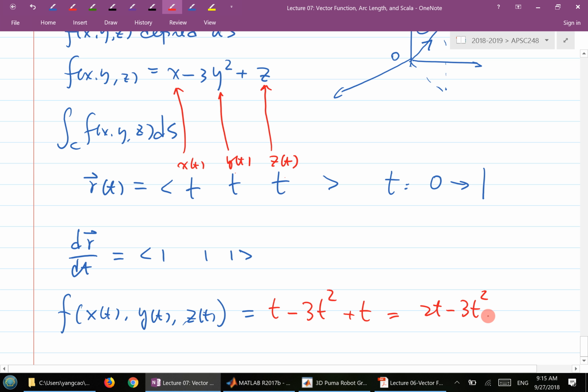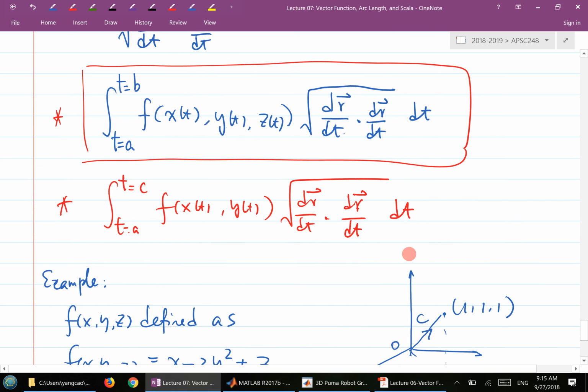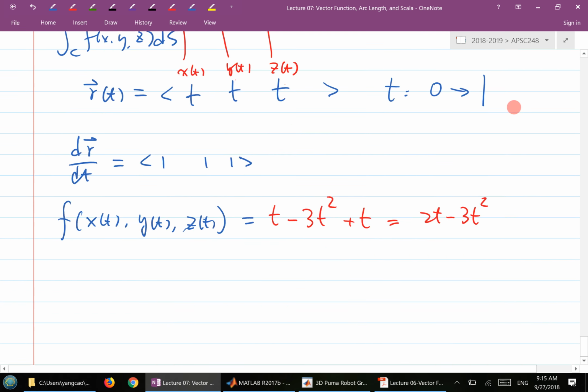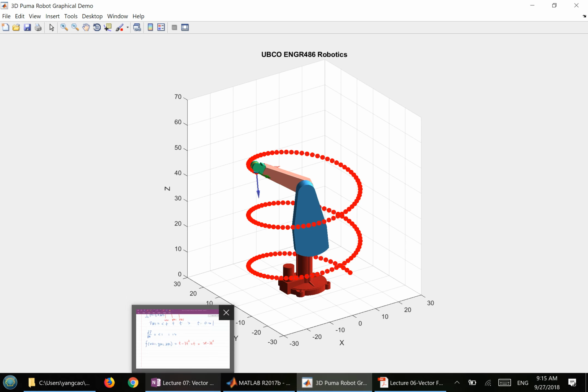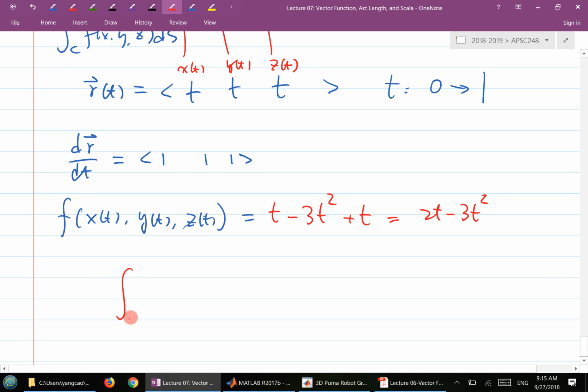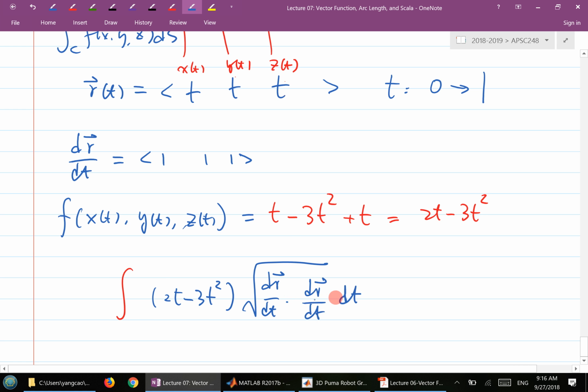So then let's put everything back into the formula, into this formula here. So the line integral. I'll put down the limits at the end. First, this is your f function here, which is 2t minus 3t squared, and then you have your dr over dt dot dr over dt, and then dt.